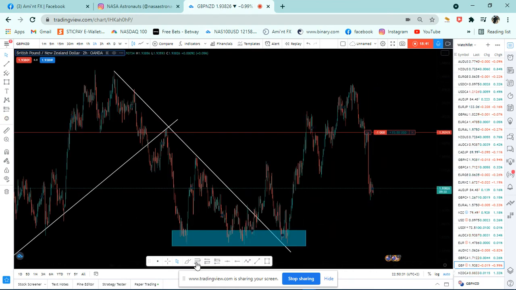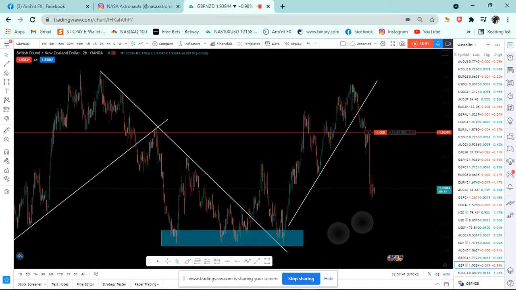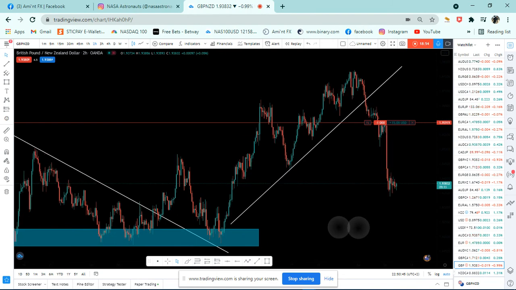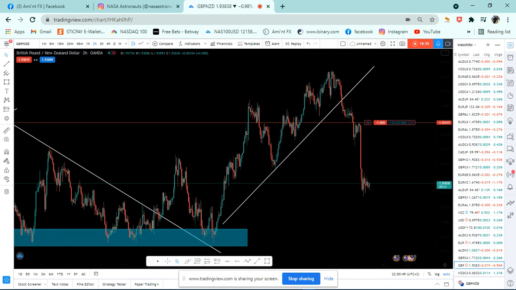This is my last example. The market was going up. Now for this one, we didn't see a clean retest. So hear me clearly, guys.